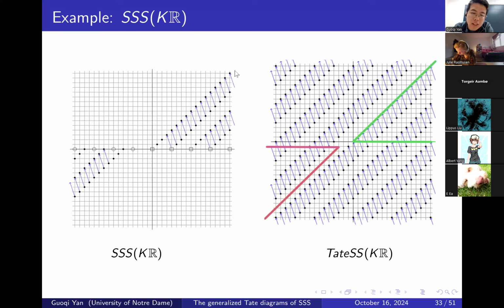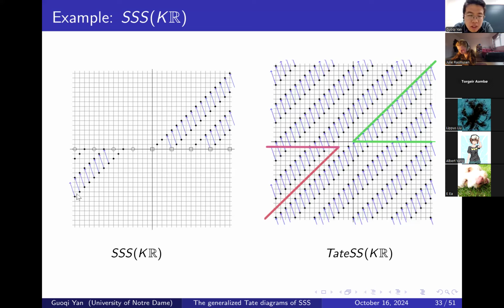If we compare the positive cone of the slice spectral sequence with the corresponding positive cone of the Tate spectral sequence, we will see that they are actually isomorphic, except on the 0 line. The box means Z, and because the Tate spectral sequence is 2-torsion, this map sends Z to Z mod 2. Except for that, their positive cones are isomorphic.